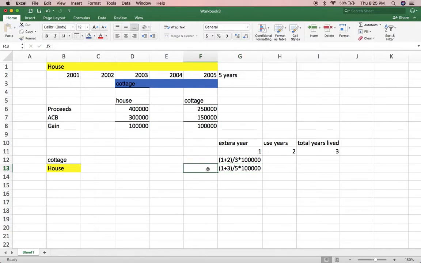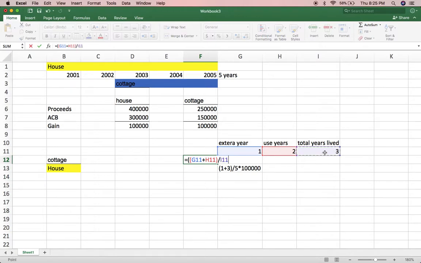Just going to put this formula for the cottage first. Cottage again: 1 plus the years used, which is 2 years, then divided by total years lived and times the gain.